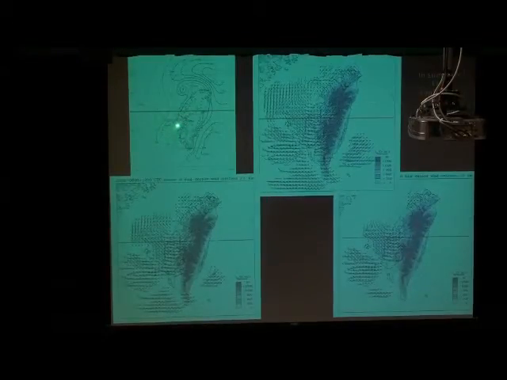Here we have 40 knots, and the typhoon center is located over here. If we examine the wind over the land, you can see the wind decreases dramatically. So near the surface, we have this kind of speed convergence due to the differential friction of the ocean and the land. I think this also contributes another force for convection development.